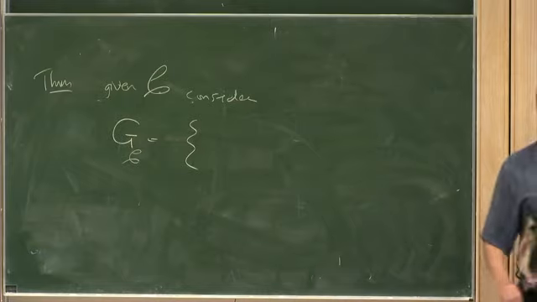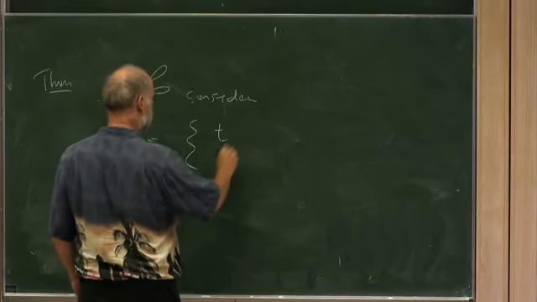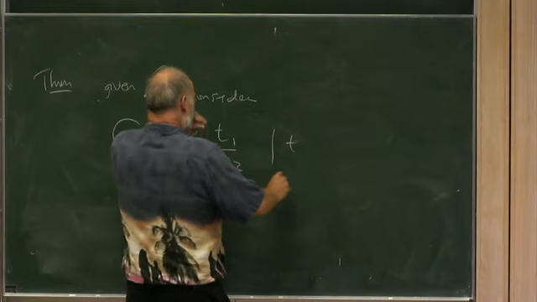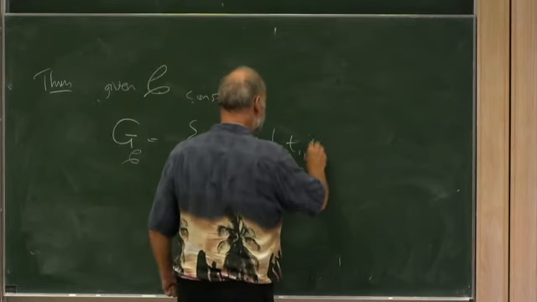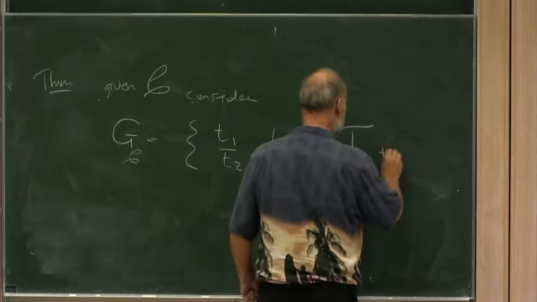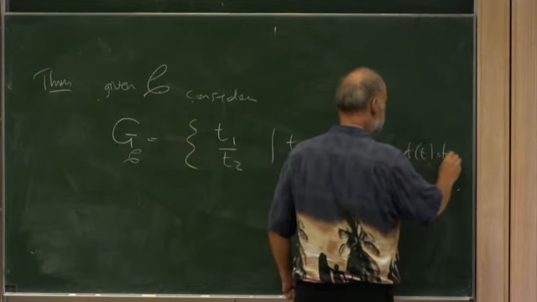Binary planar rooted trees. So it's pairs, which I'm going to suggestively write T1 over T2. That's it. T1, T2 belong to T, and the target of T1 equals the target of T2.